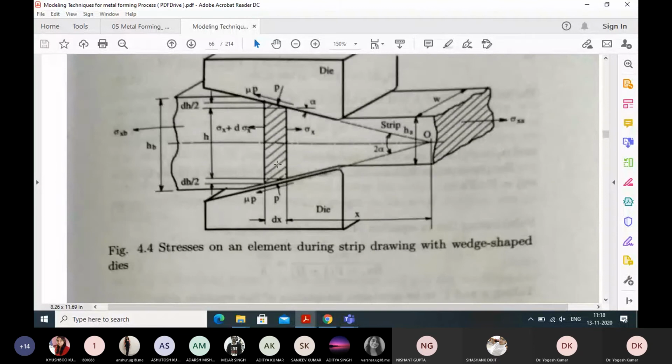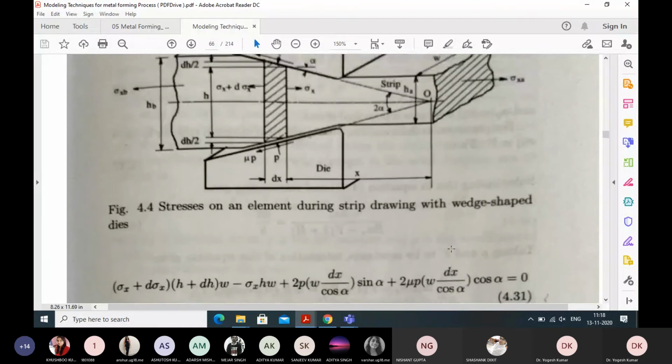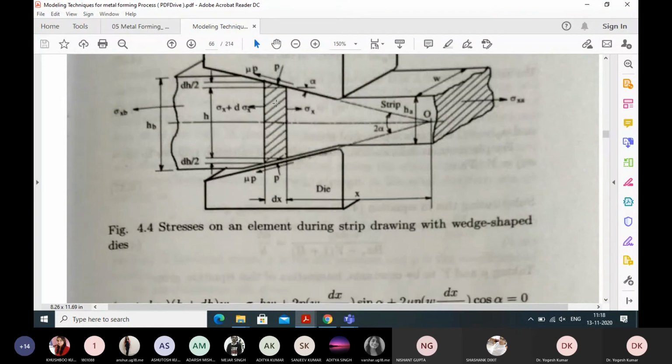Now let us come to the force component because of mu p. Because of mu p, we have already calculated the area on which this mu p is acting. This area is w dx upon cos alpha. And if we multiply it by mu p, this will give the total force acting in x direction, acting on this strip.